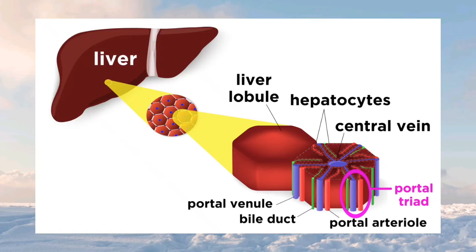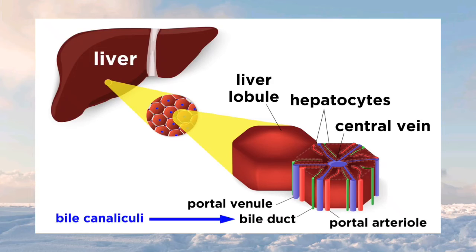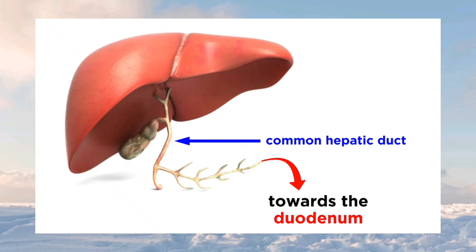This name refers to the fact that each triad consists of a bile duct, as well as an arteriole and a venule, carrying blood to and from the liver. Bile is secreted and flows through bile canaliculi towards the bile ducts in the portal triads, eventually leaving the liver through the common hepatic duct towards the duodenum.